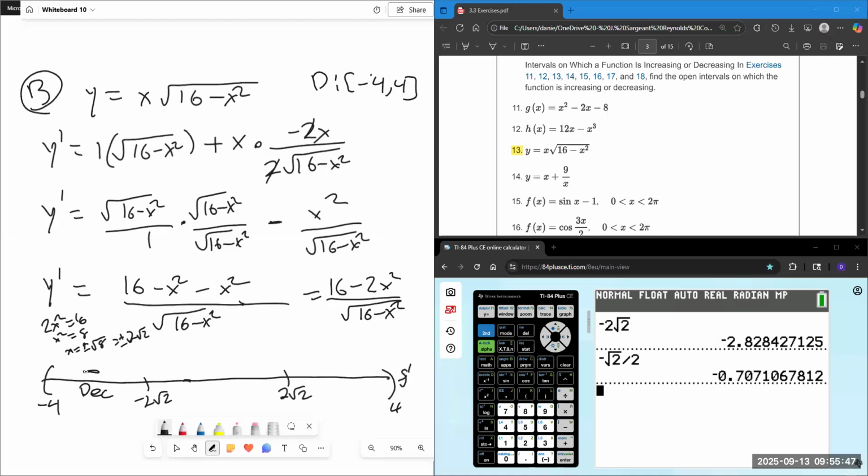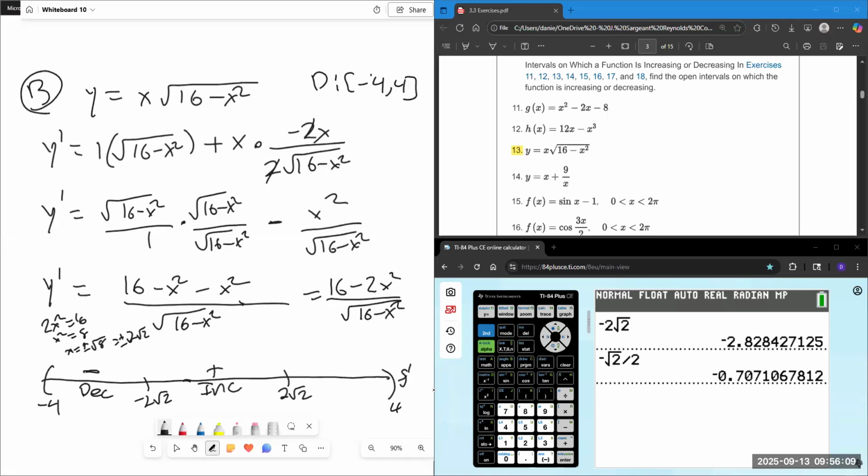Something between -2√2 and 2√2 would be like 0. So a positive 16 over a positive root 16. Positive divided by a positive is positive, and that makes that interval increasing. And then again, when we look at positive 2√2, that would be 2.8 something.